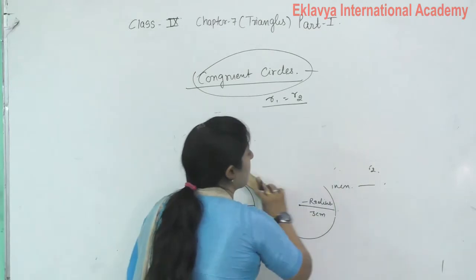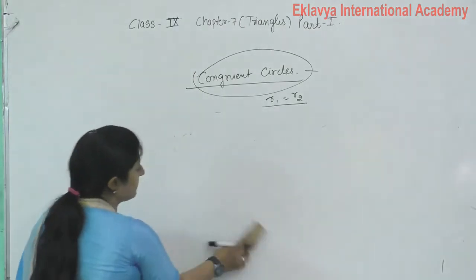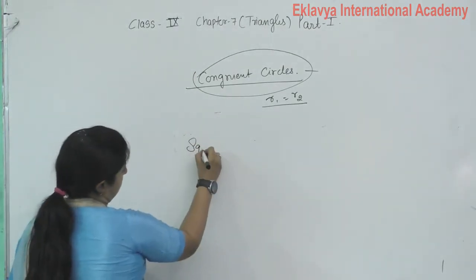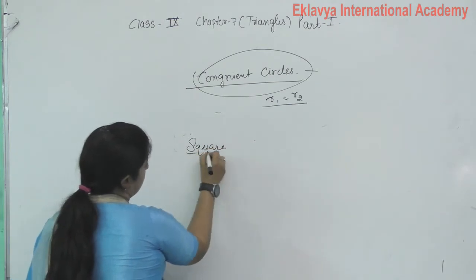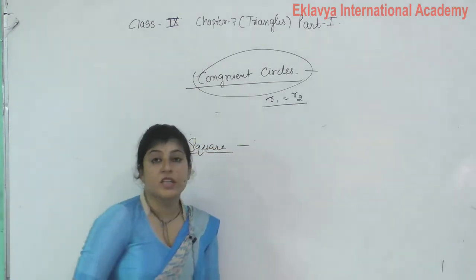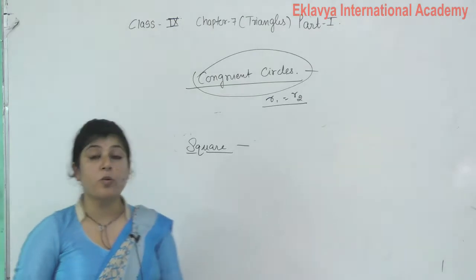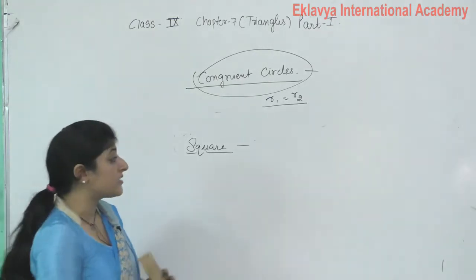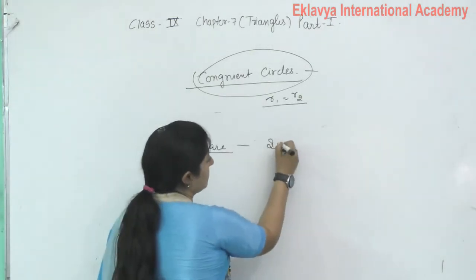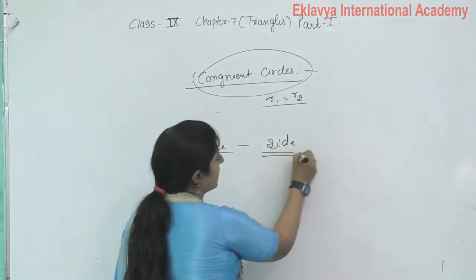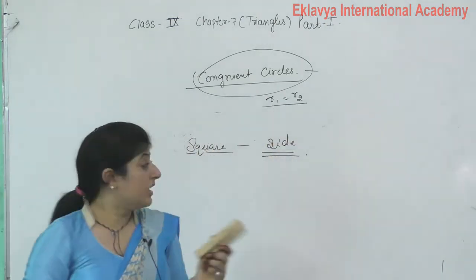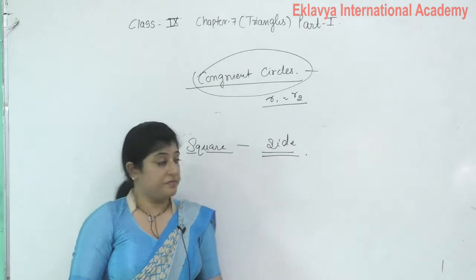If we talk about a square, how can we say two squares are congruent? In squares we have only the side. It means if we know the side, then we can tell about the square.